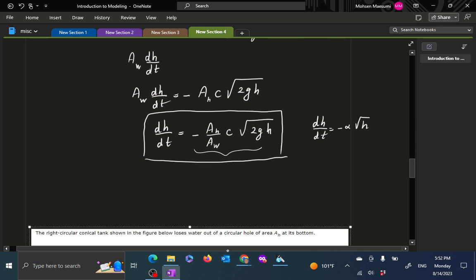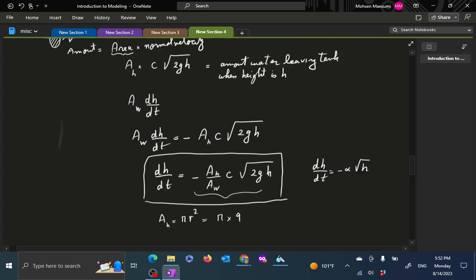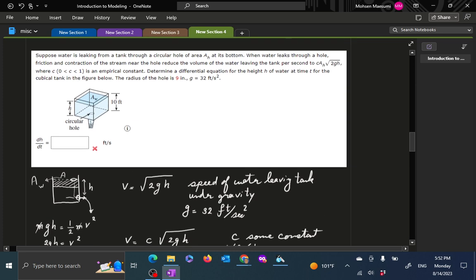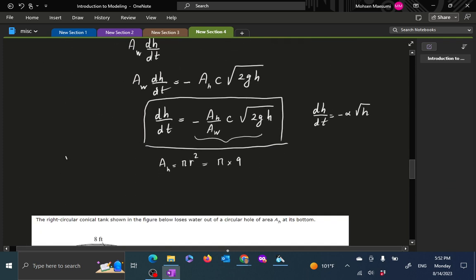So we go ahead and then we say, well, area of the hole is pi times its radius squared. Let's see, was it? This is at 9 inches. So we have to make a correction.